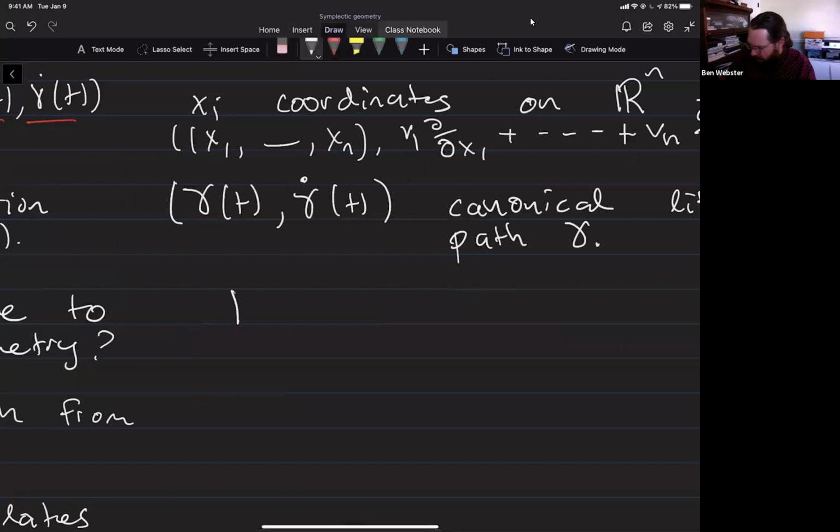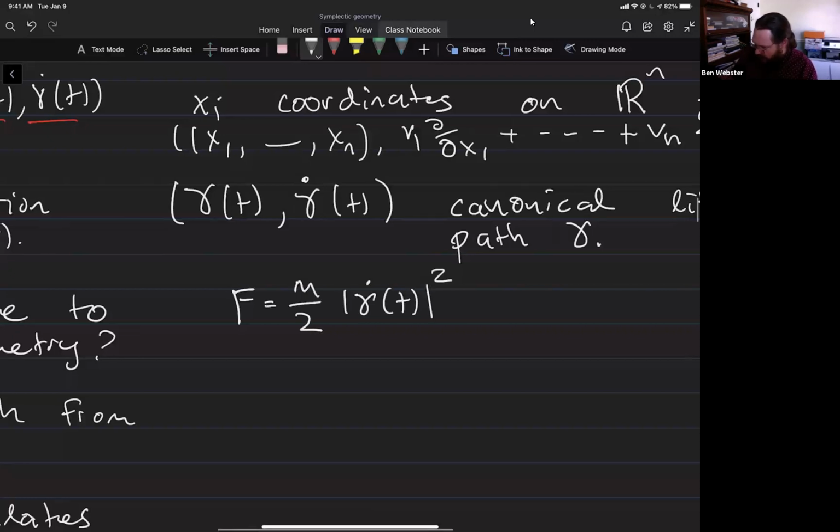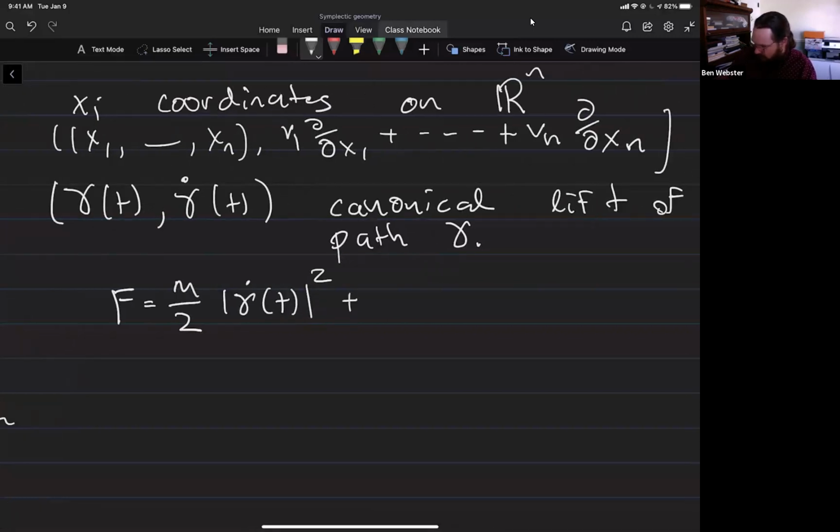Remember, this action is supposed to be equal to m over 2 norm squared of gamma prime, or let me write v, minus V of x, the potential energy.